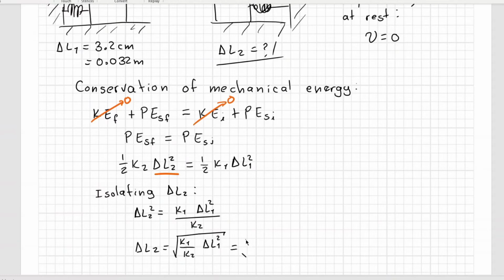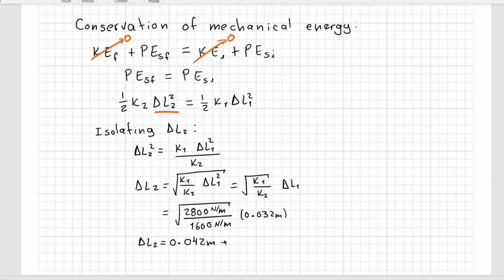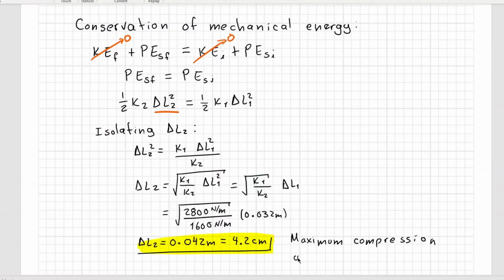And we can take delta L1 squared out of the square root to get, and we are ready to substitute values to finish this part of the problem. And we can write the result in centimeters as well. And this is the maximum compression of the spring on the right.